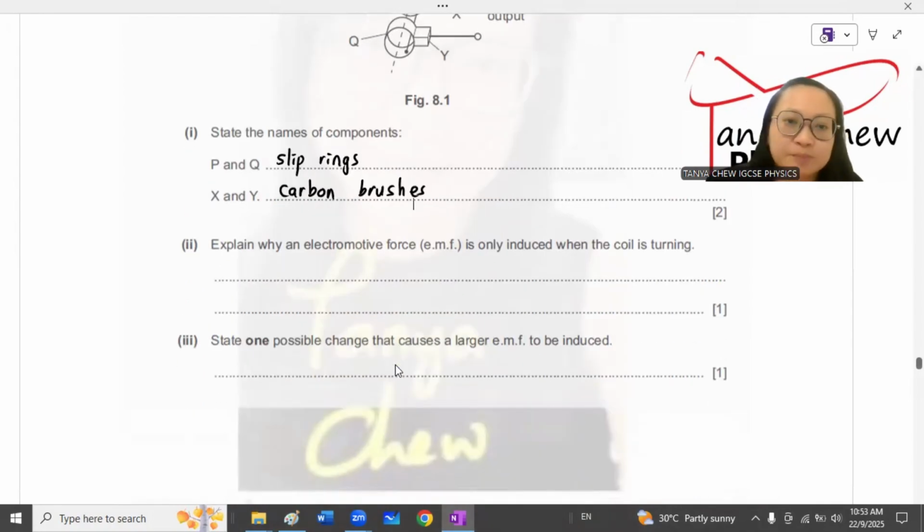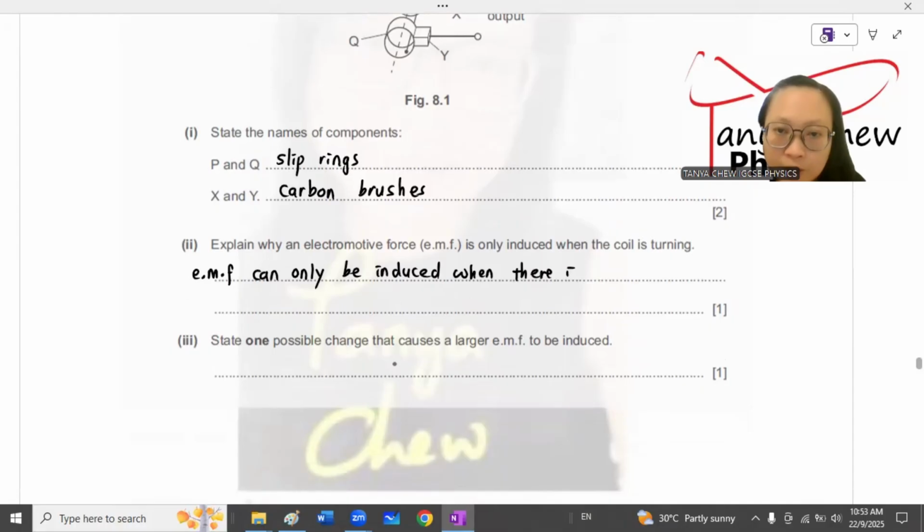Now, second part, explain why an electromotive force, EMF, is only induced when the coil is turning. So I will explain even more. I'm going to use short form. EMF can only be induced. Remember, EMF or current can only be induced when there is a change in magnetic field.